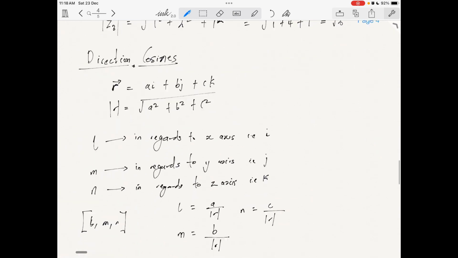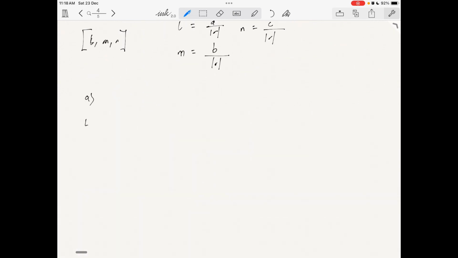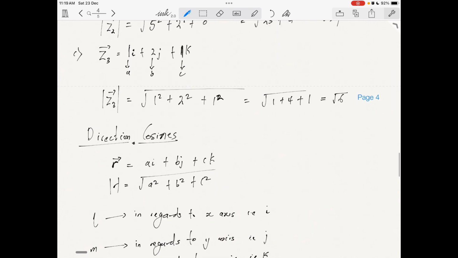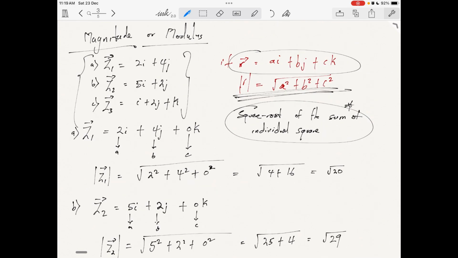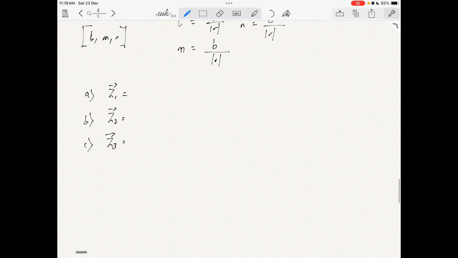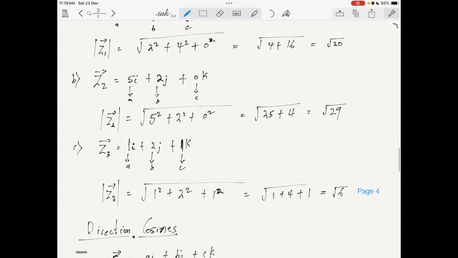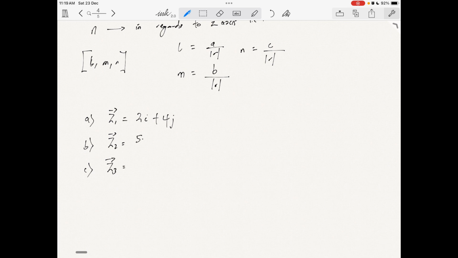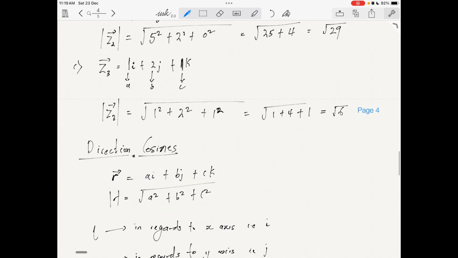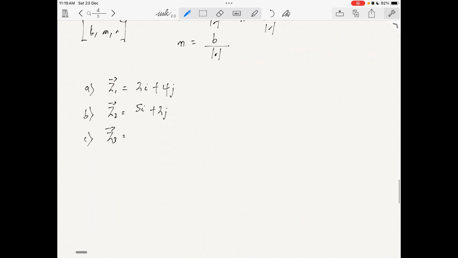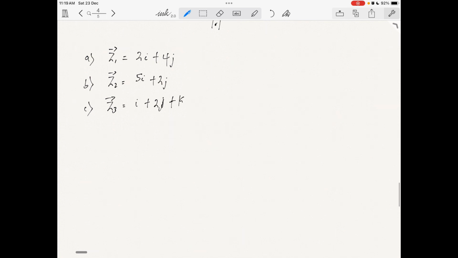Let's have our 3 questions: a, b, and c. z1 is equal to 2i plus 4j, z2 is equal to 5i plus 2j, and z3 is i plus 2j plus k. Now we are required to find the direction cosine for these.